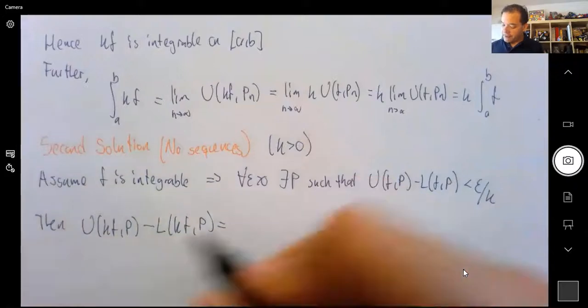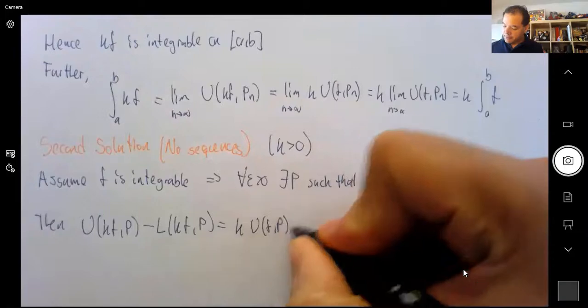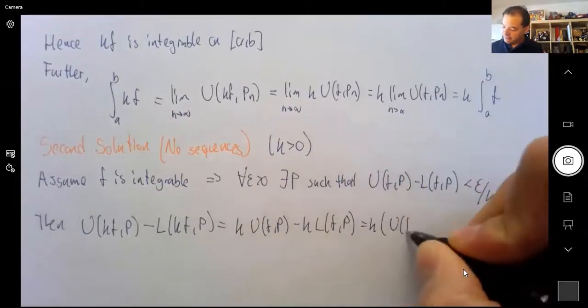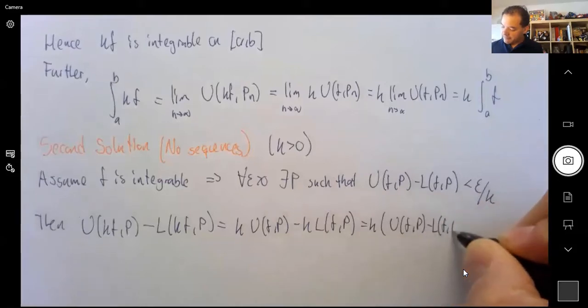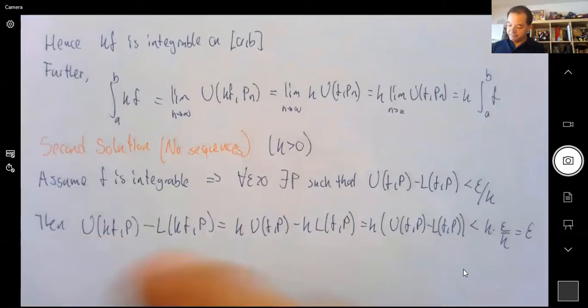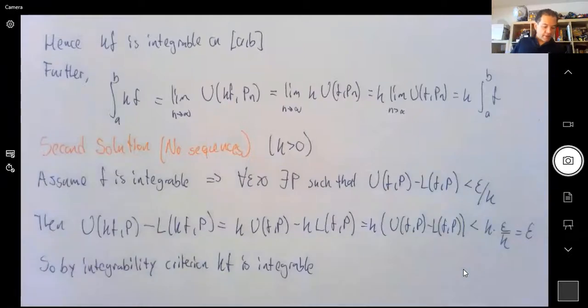So for positive k, this upper sum is k times U(f,P) minus k times L(f,P), which is k times (U(f,P) minus L(f,P)), which is less than k times epsilon over k. And we're done, right? This difference is less than epsilon, and I can do that for an arbitrary epsilon. Therefore, by the integrability criterion, kf is integrable. Okay, and then the only issue is what is the value of the integral, right?